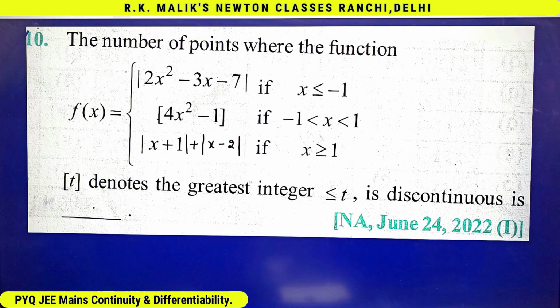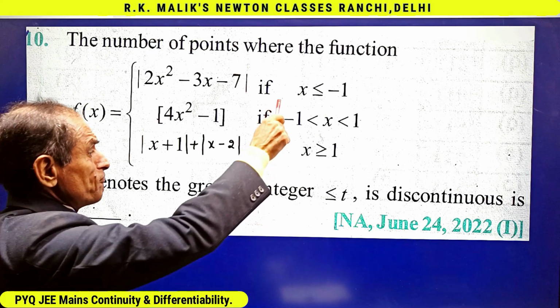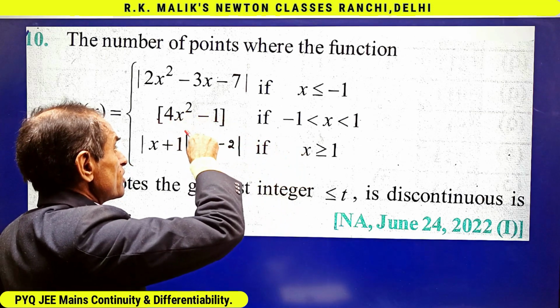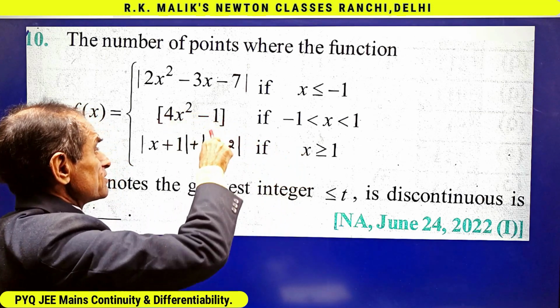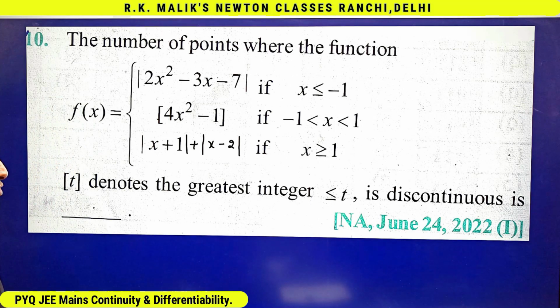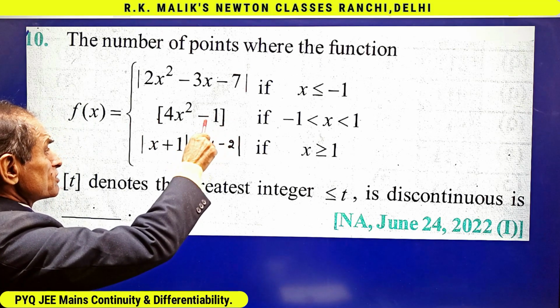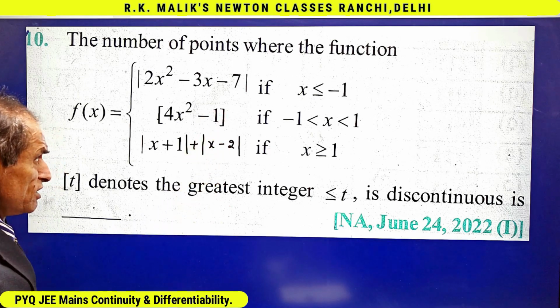The chances of discontinuity are at minus 1, 1, and those points where the interior part is an integer. Note that minus 1 can go outside because an integer can go outside.